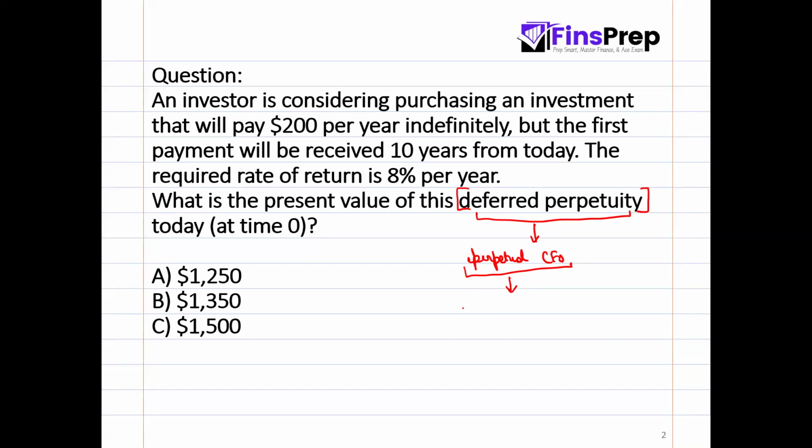Rather, it will start at some point in the future. So here it says that this perpetuity will start 10 years from today. So the first payment will be received 10 years from today.